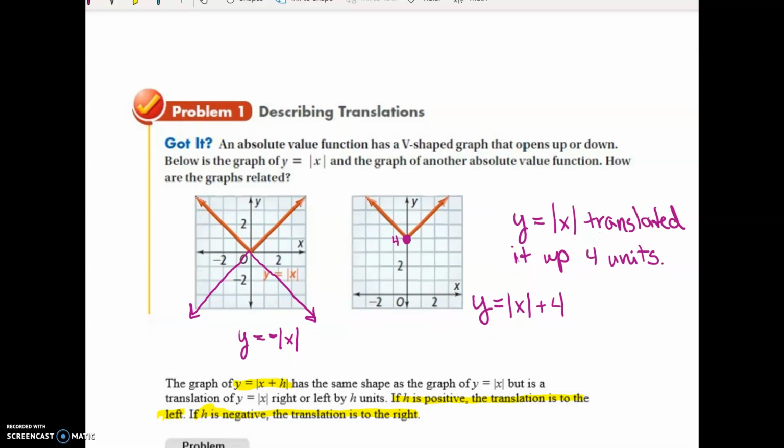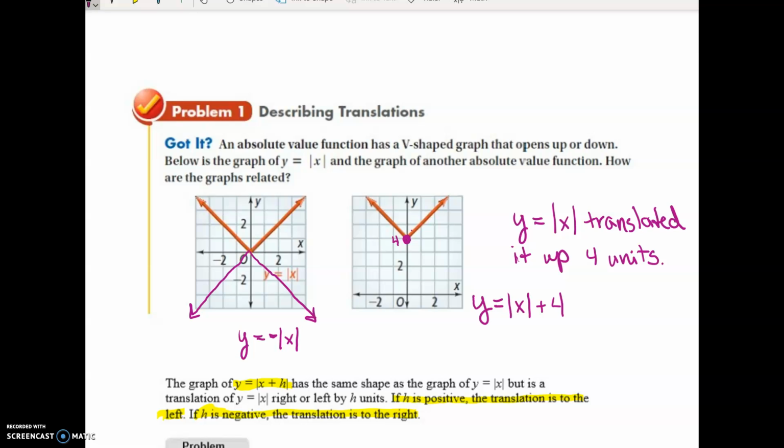So if we look here in problem 1, an absolute value function is going to have a V-shaped graph. And if we compare these two, it says, how are these graphs related? Well, if we look at the red graphs here, because I've added my own, which I'll explain in a minute, we can see that they're the same shape and the same size, but this one has been translated up 4 units.